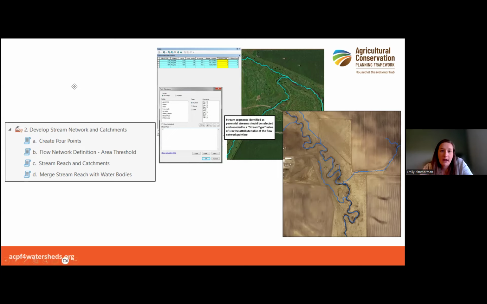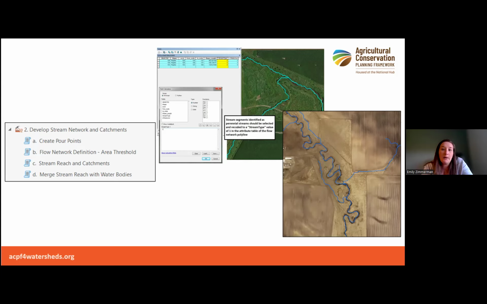Okay, so toolbox number two. This is where we're going to develop our stream network and catchments. The thing I always like to lead with here is that one really important piece of ACPF is that we don't use NHD lines. We use the digital elevation model that you have selected as a user to derive our flow paths.